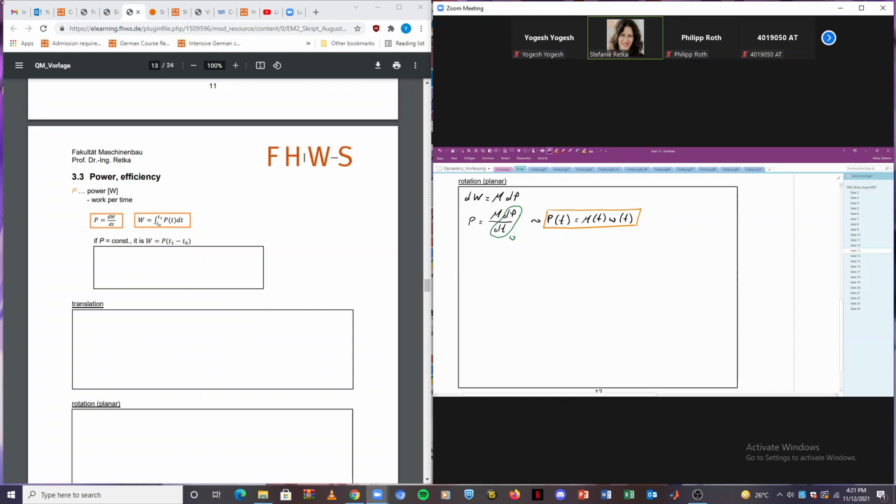Now, in gear manufacturing, this equation has to be applied a lot. And there exists a rule of thumb to quickly compute the power that is used in different types of gears. So this rule of thumb is the following.